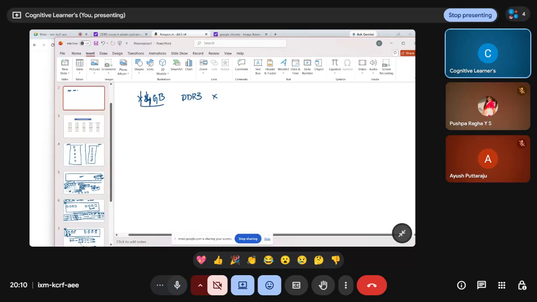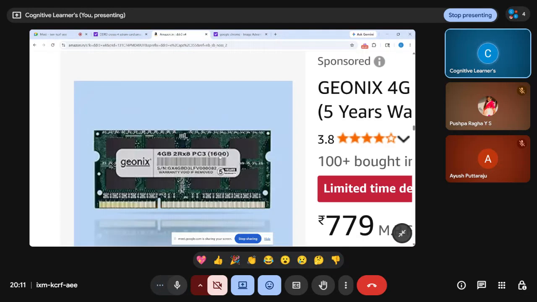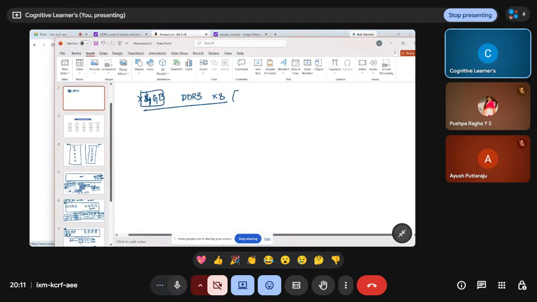In the bracket, one number is present, 1600. The 1600 is the data rate. Don't get confused, guys. It is mega transfers per second.